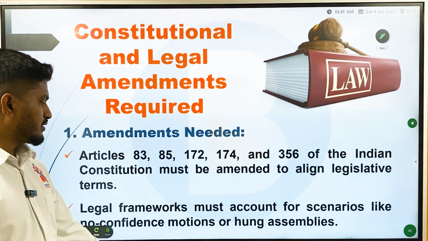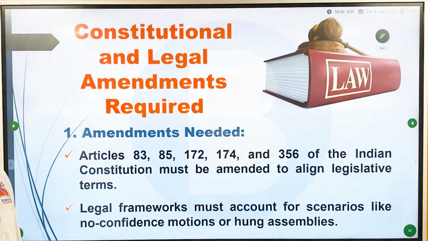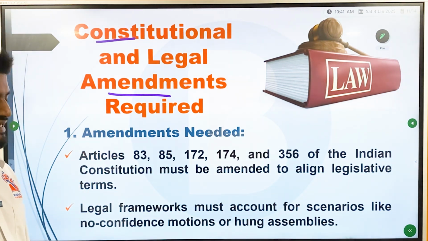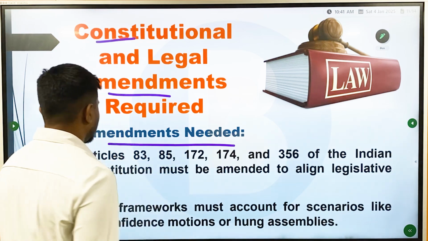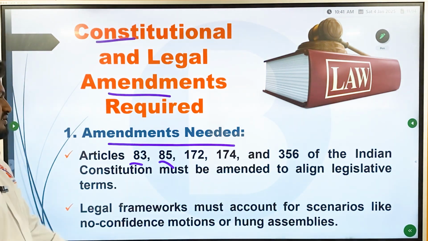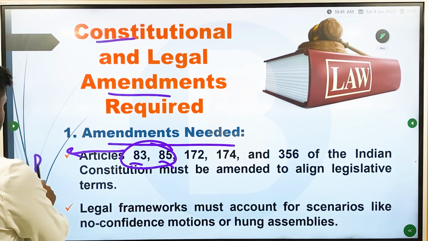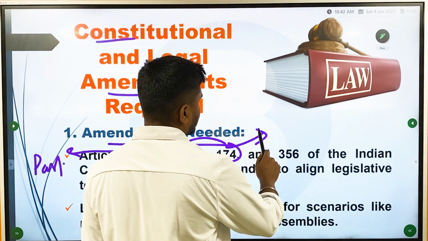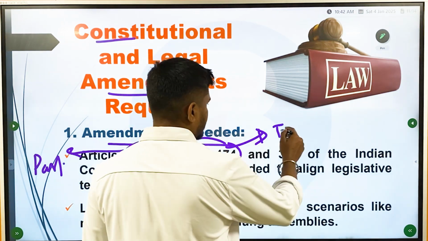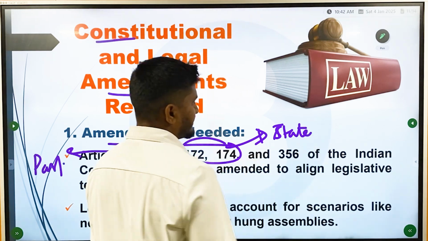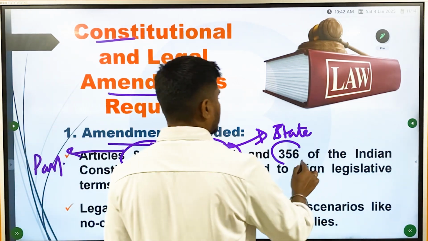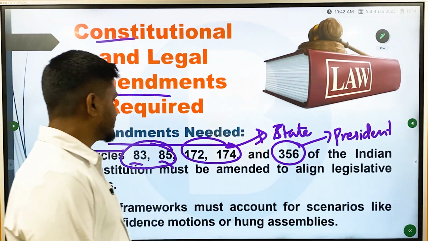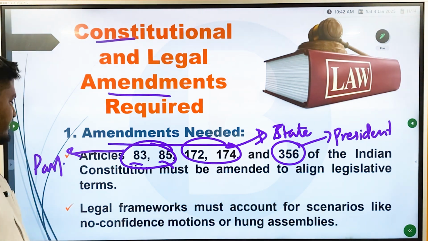In order to implement one nation one election, certain constitutional and legal amendments are required. What are they? Amendments are needed to Articles 83 and 85, which relate to Parliament elections and Parliament term, and Articles 172 and 176 or 174, which deal with state legislatures, and Article 356, which deals with President's rule or emergency in states, of the Indian Constitution must be amended to align legislative terms.